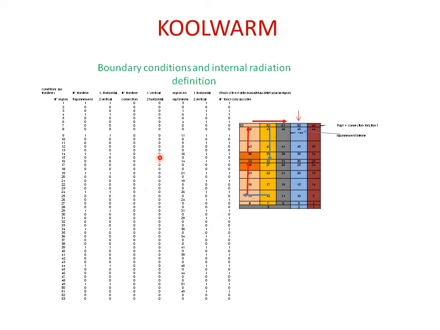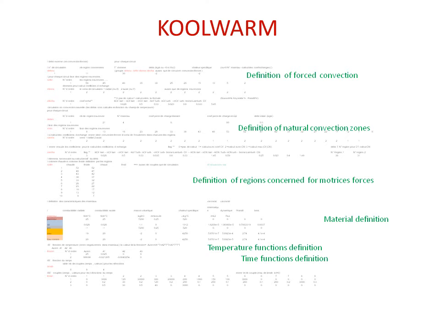Boundary and internal radiation must also be provided. We also have to give the definition of forced convection, of natural convection zone, and also the regions which are concerned for motive force definition, material definition here, and also temperature function definition and time function definition.